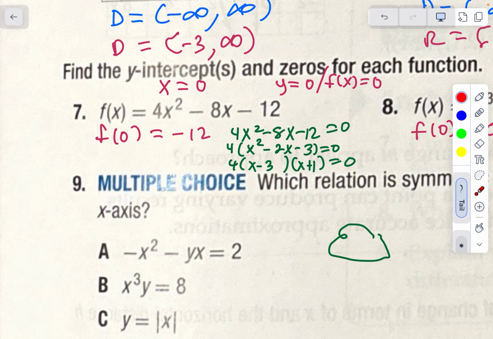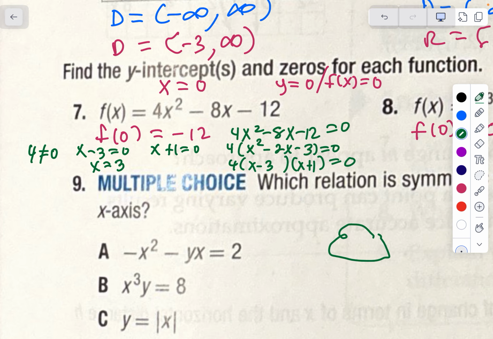Now we're not done until we set each piece equal to 0. The reason I didn't set 4 equal to 0 is because 4 is not going to equal 0. Now, if there's an x with it, sure, but 4 can't equal 0 last I checked. So we get x equals 3 and x equals negative 1.